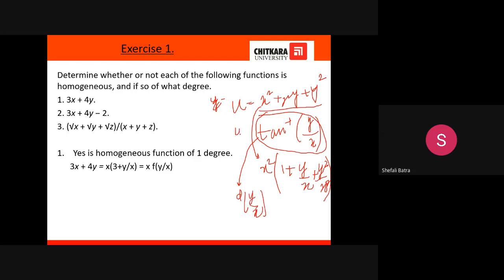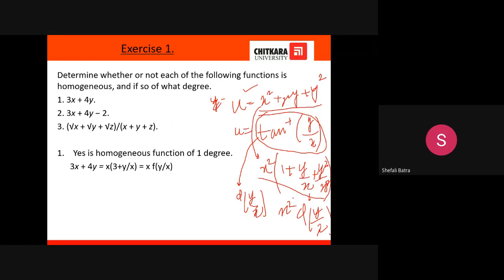Okay? u is equal to tan inverse y by x. Tan inverse is a function, and the variable is y by x. This is my requirement to prove a function homogeneous. Just to extend the definition, we are representing u in this form. If I know that I can express it like this, then your definition is extended. Now you have this function, u is equal to tan inverse y by x.